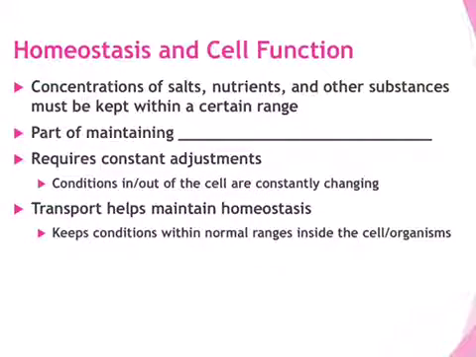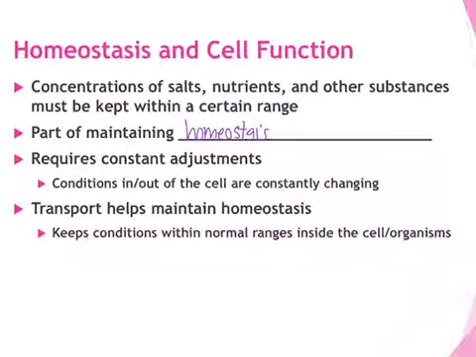So all of these types of transport help the cell maintain homeostasis. And so cells need to maintain the right concentration of salts, nutrients, and other substances. Otherwise, the cell won't be able to function properly.